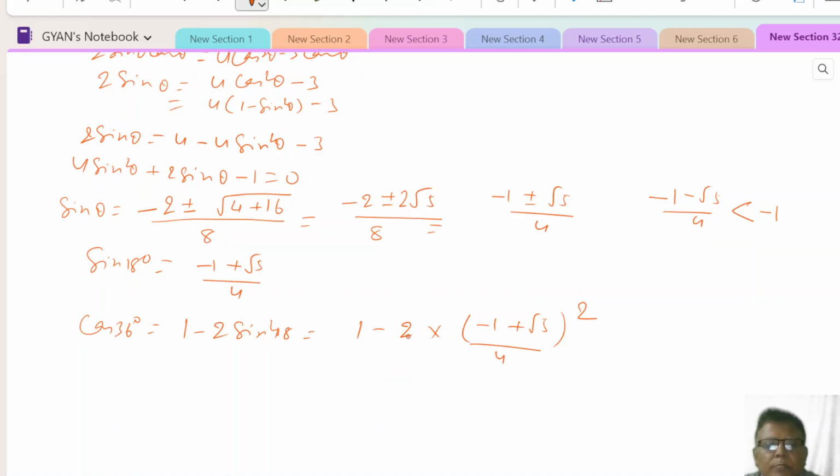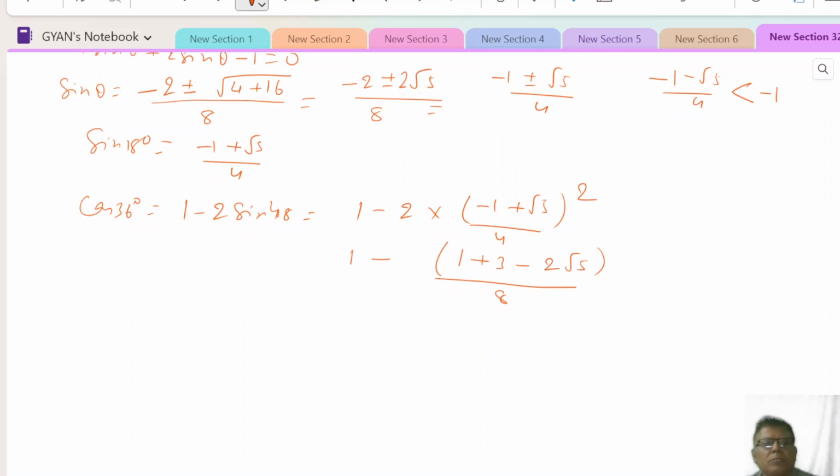So this will be 1 minus, 1 plus 5 minus 2 root 5, divided by 16, that is, 8 minus 4 minus 2 root 5 divided by 8, minus minus plus 2 root 5 divided by 8.